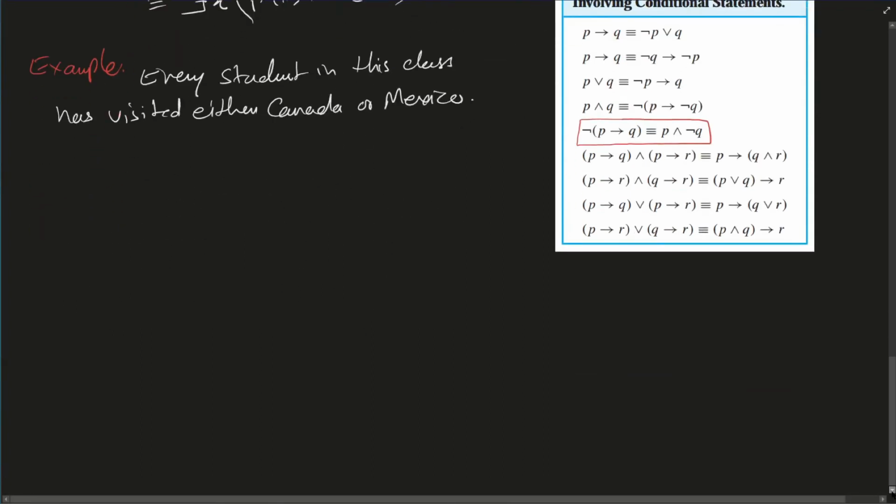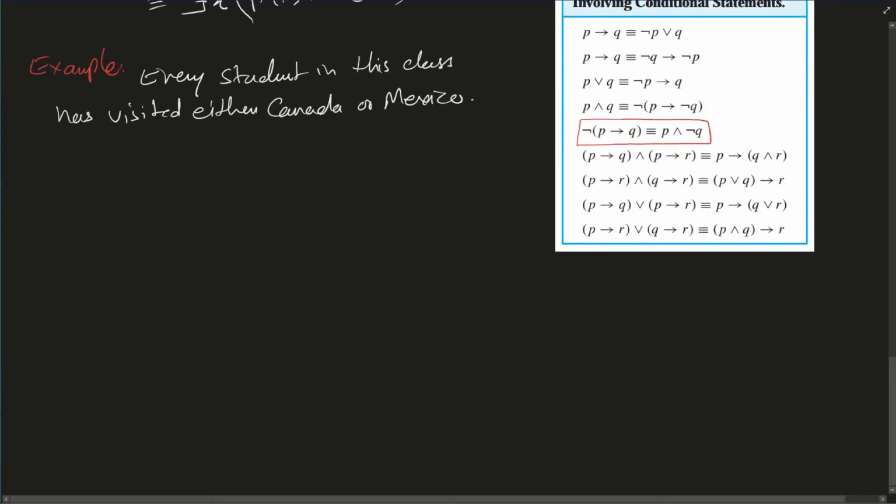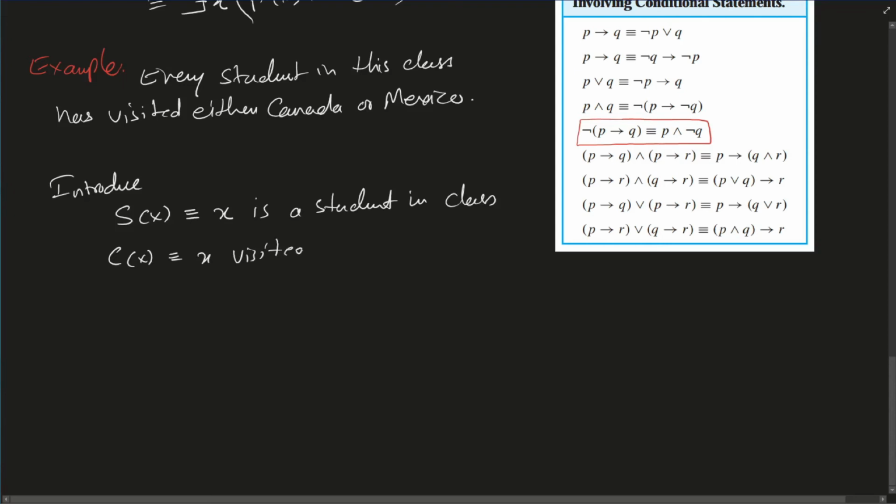The first thing we'll do is identify the different statements. Let's introduce S of x, the statement that x is a student in the class. Let's introduce C of x, a statement that means x visited Canada. And we can also introduce M of x as a statement that x visited Mexico.